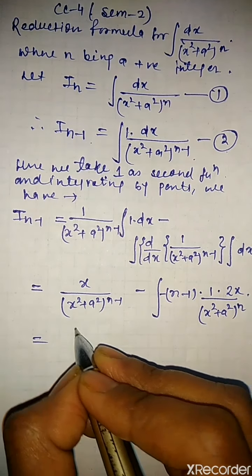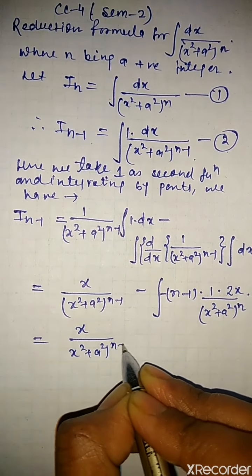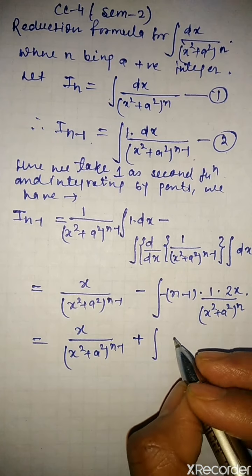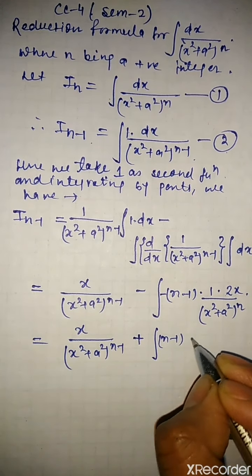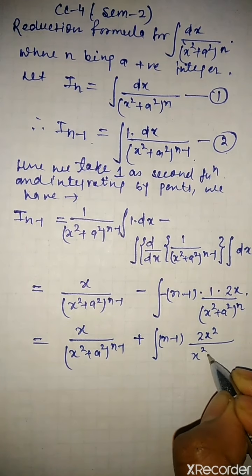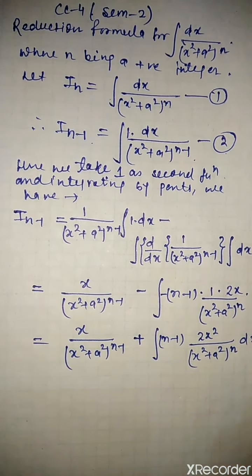So this function is equal to x divided by x square plus a square to the power n minus 1, then minus minus getting the plus sign, then integration of n minus 1, then here is 2x square divided by x square plus a square to the power n, and then we have dx.